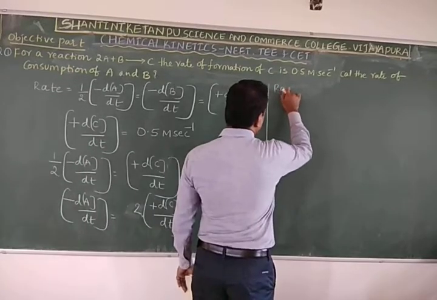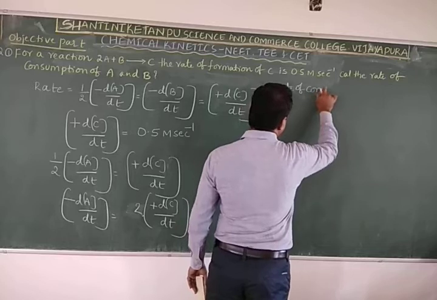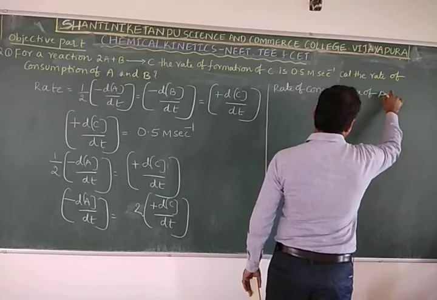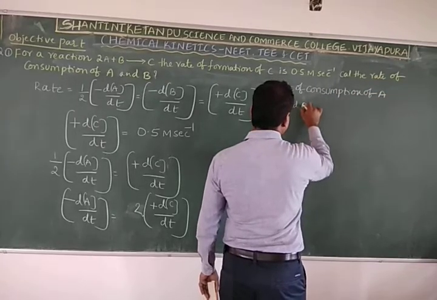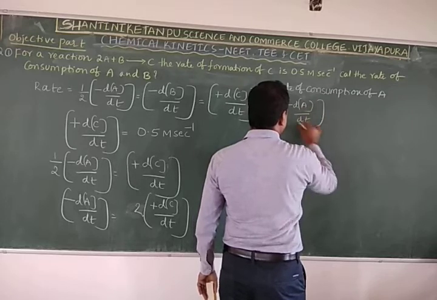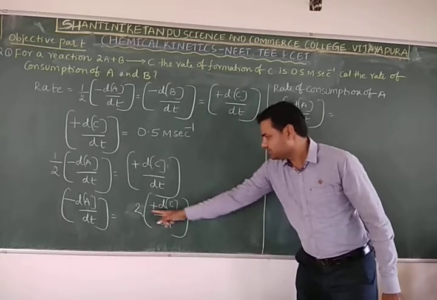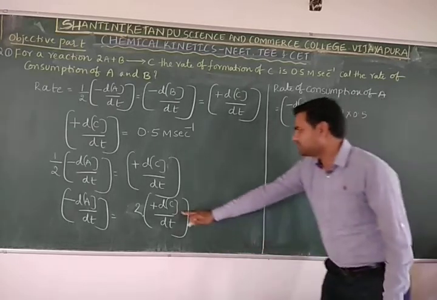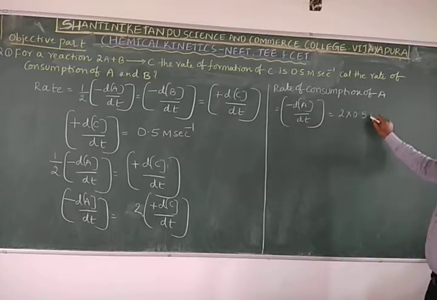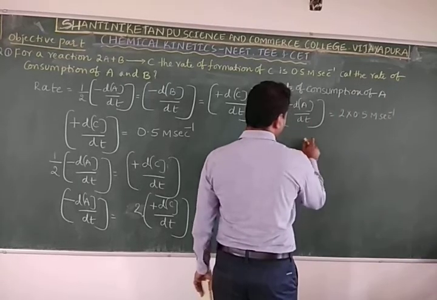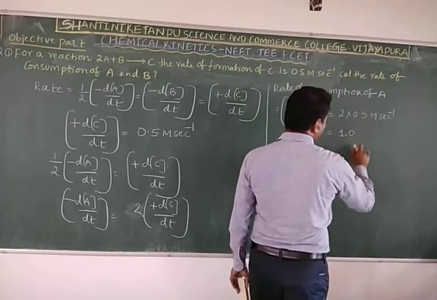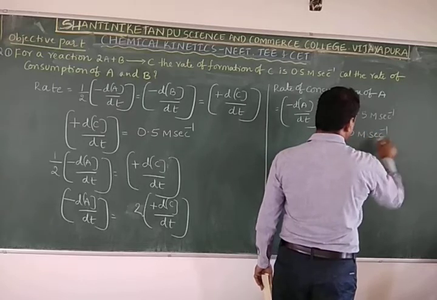Therefore, the rate of consumption of A, minus dA by dt, is equal to 2 into 0.5 moles per liter per second. I multiply because this value is already given. 2 into 0.5 is 1.0 moles per liter per second.